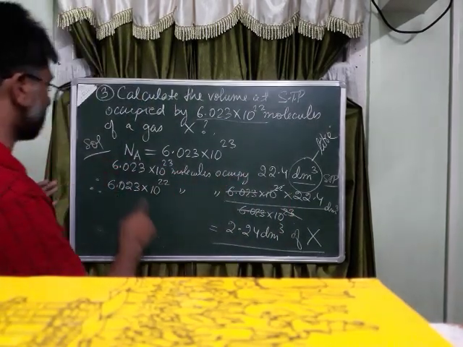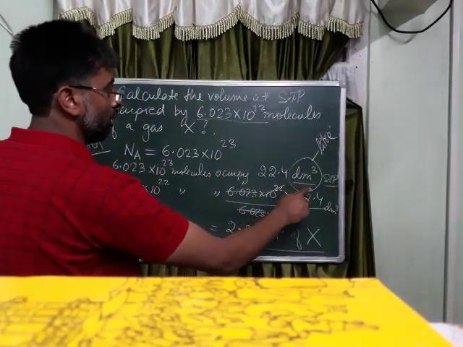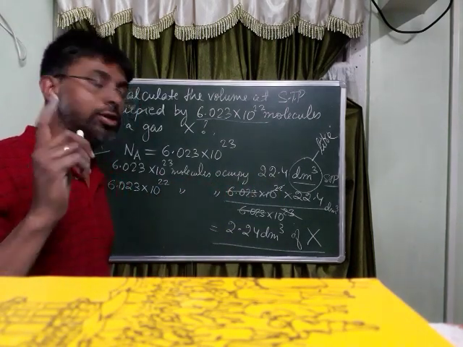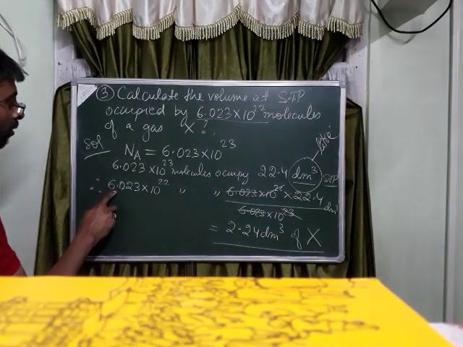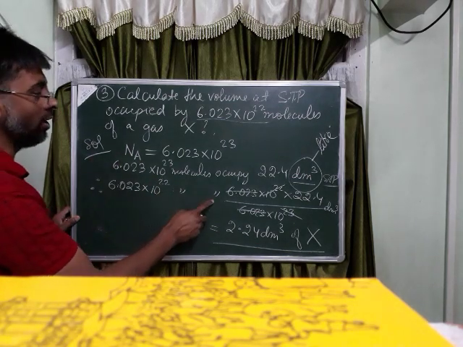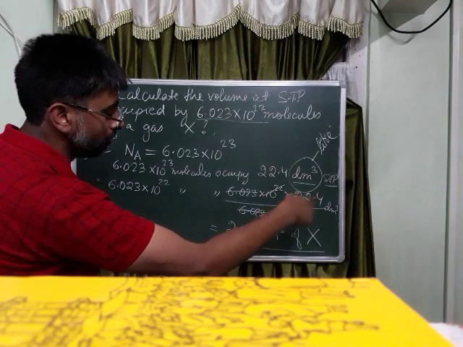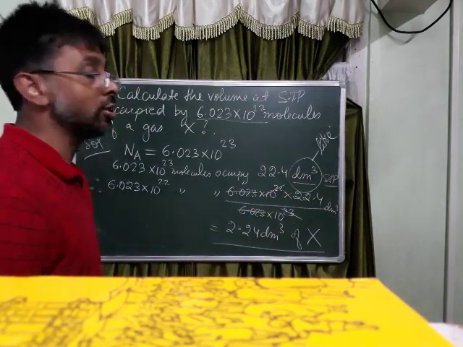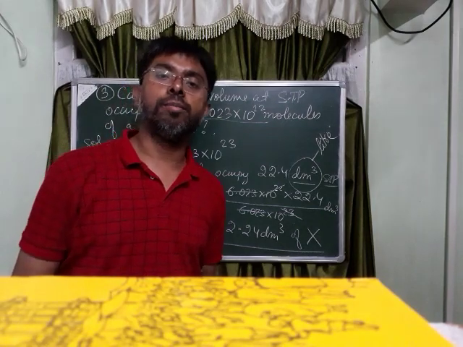So based on this, we must frame a sentence and solve it by using unitary method. So therefore 6.023 into 10 to the power of 22 molecules of the gas X will occupy volume 2.24 decimeter cube of X. Therefore, let us go to the next sum, problem number 4.